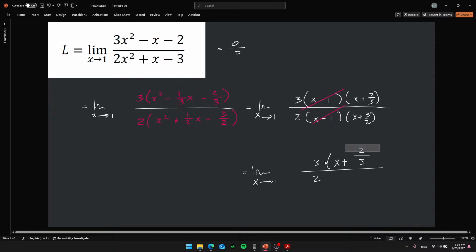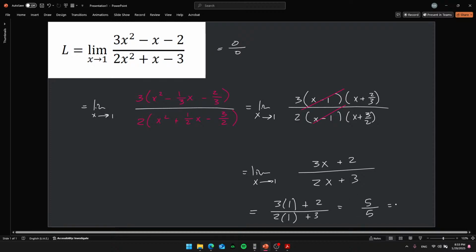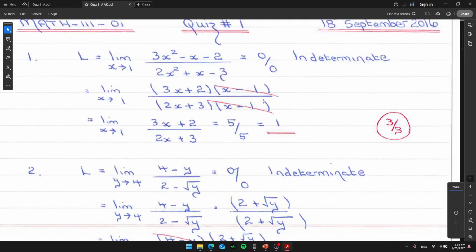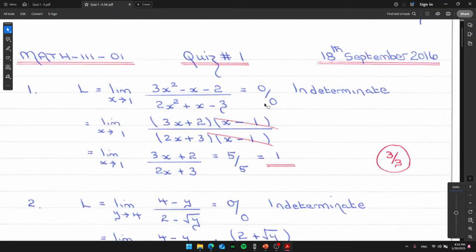Maybe it's better. Let's try this out. So distribute, it will be 3x plus 2 over 2x plus 3. Now plug in the 1. 3 times 1 plus 2 over 2 times 1 plus 3. 5 over 5, 1. Yep. You see? Yeah.